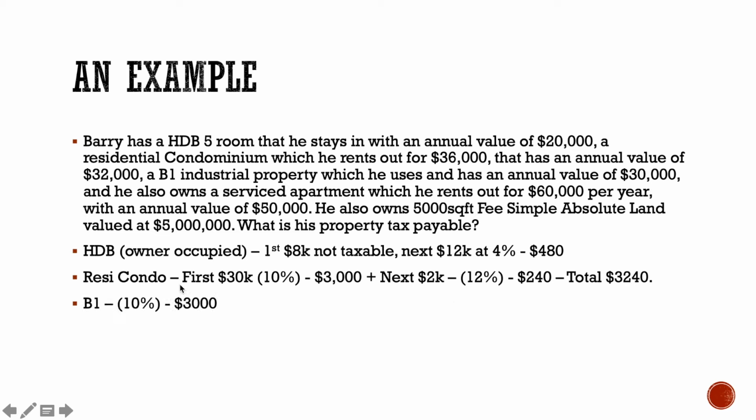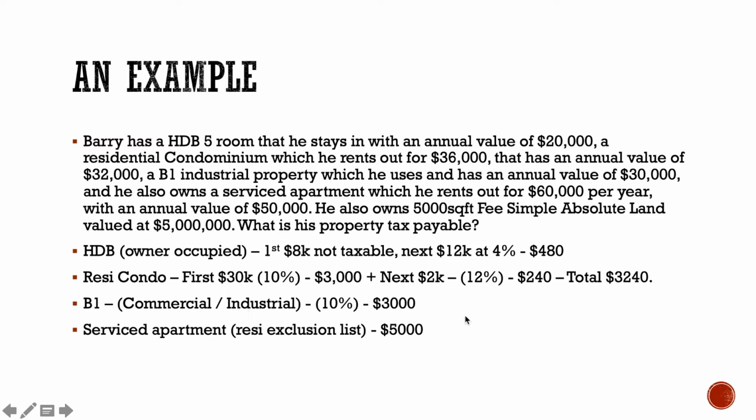For his industrial property, it is a flat rate at 10% of its annual value, and that is just $3,000. Now, for his service apartment falls into the same category of calculation as your B1 commercial industrial, even though it is technically a residential property.